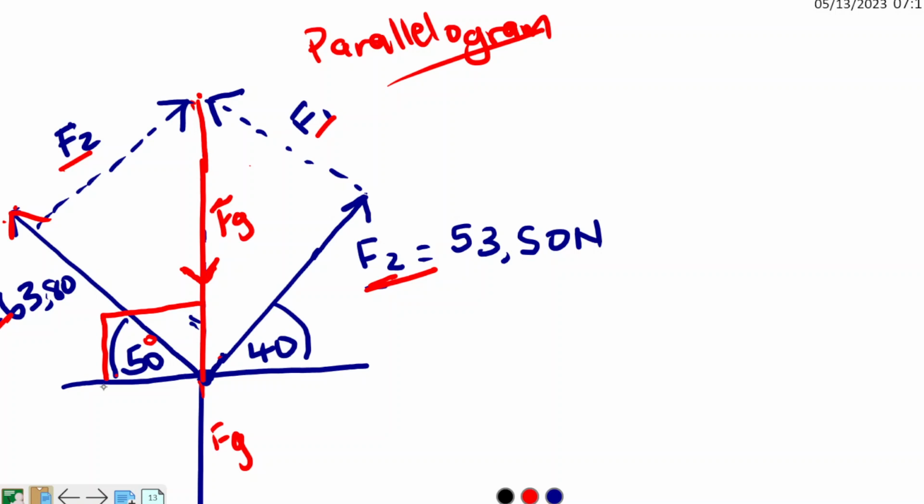So if this is 90 degrees and outside here I'm having 50, that means inside here I should have 40 degrees, so as to make it 90. Similarly, on this side of F2, I have 40 degrees, and Fg is forming 90 degrees with the horizontal. So if this is 40, that means inside here I have 50 degrees to make it 90. So that's the second thing that you do. So let me take these angles out.